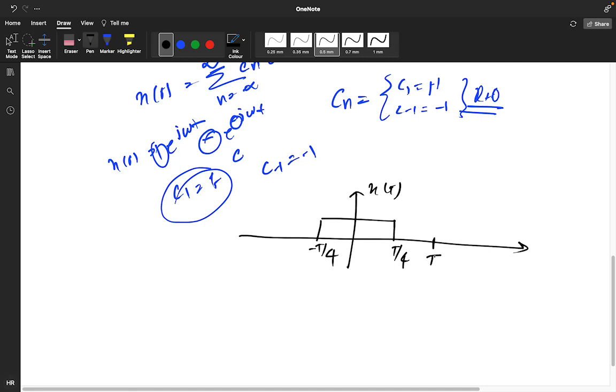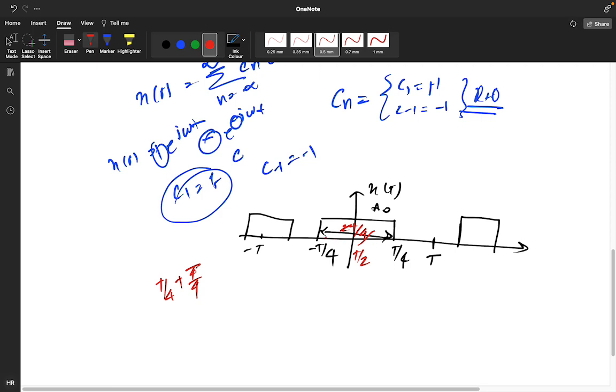This is the t function, this is the minus t function, and between these you are getting this. So the overall value will be T by 4 plus T by 4, so 2T by 4. How much are you getting? T by 2. This overall value is T by 2.